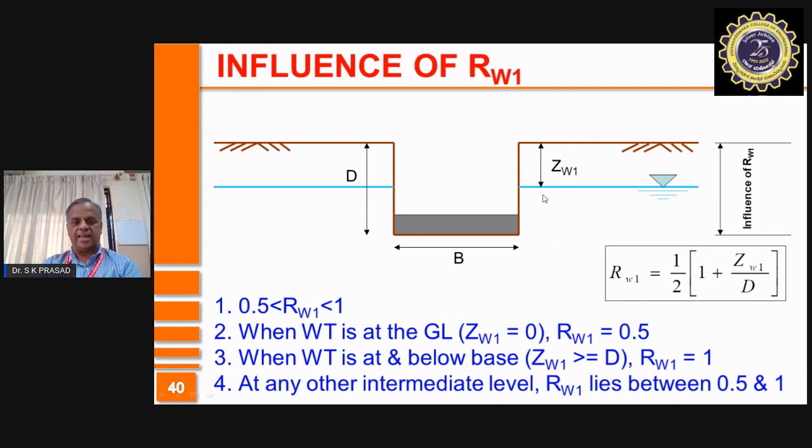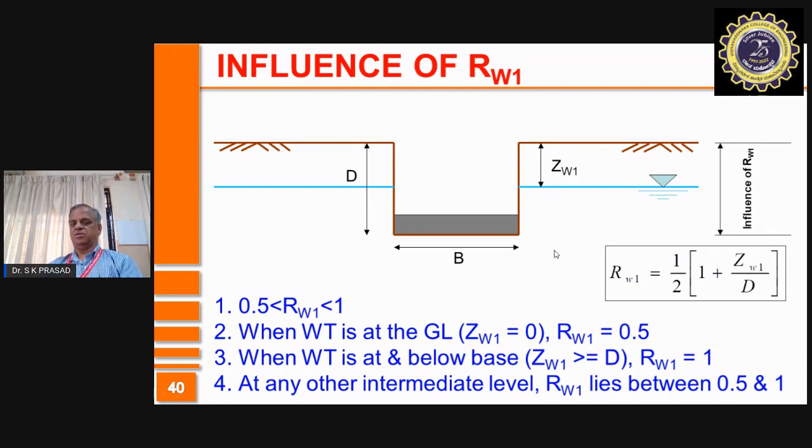This length from the ground surface till the top of the water table we call Zw1, and Rw1 is given by this equation, wherein this is Zw1, and then you have D, where D is the depth of the foundation. So when the water table is above the base up to the top of the ground, water table can be either at the ground surface or at the base or anywhere in between.